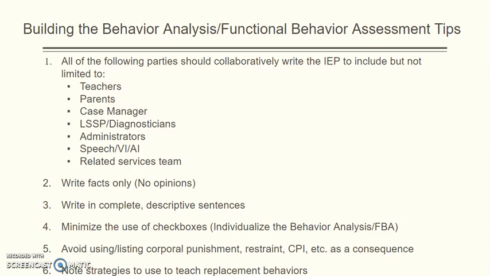Write and complete descriptive sentences. 4. Avoid or minimize the use of checkboxes. Individualize the BA or FBA. 5. Avoid using or listing corporal punishment, restraint, CPI, etc. as a consequence. 6. Note strategies to use to teach replacement behaviors instead of incentives.